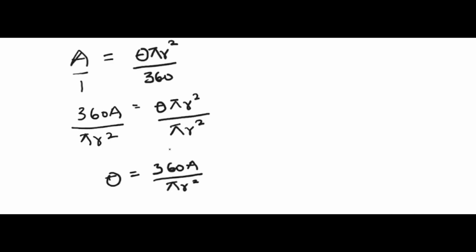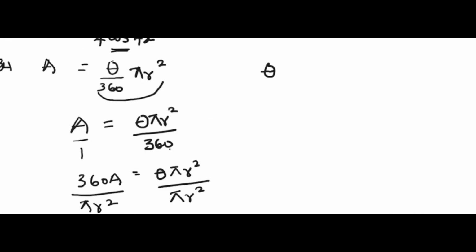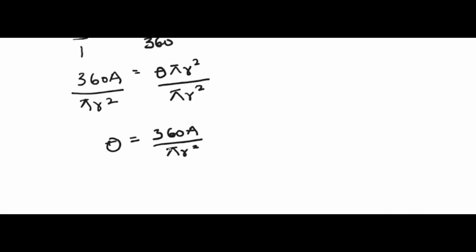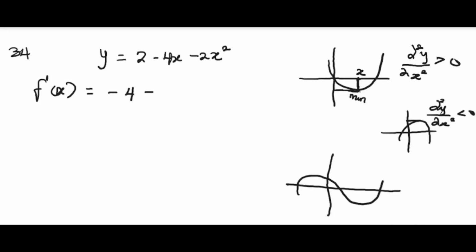So the next question that should be 35. The question says find the minimum value of the function 2 minus 4x minus 2x squared. Now to find the value of x, before we talk about minimum value, there has to be a turning point, right?